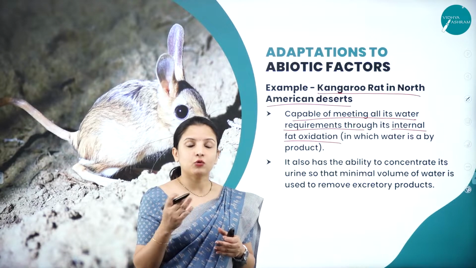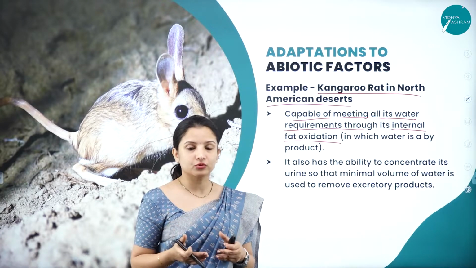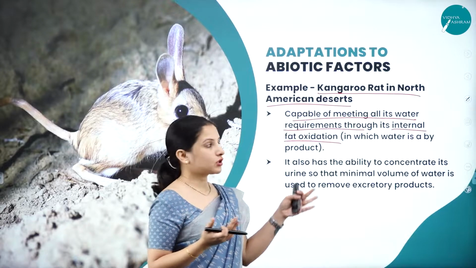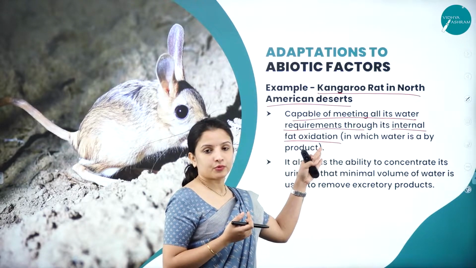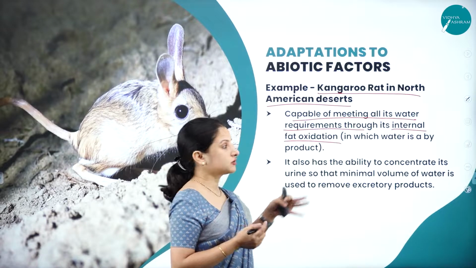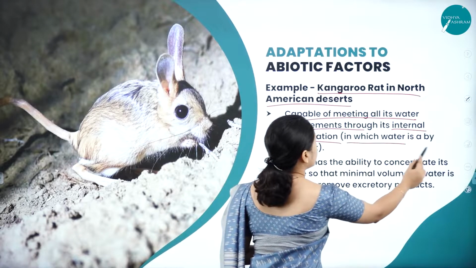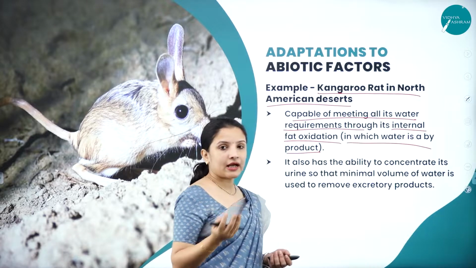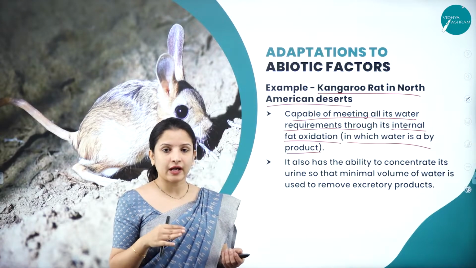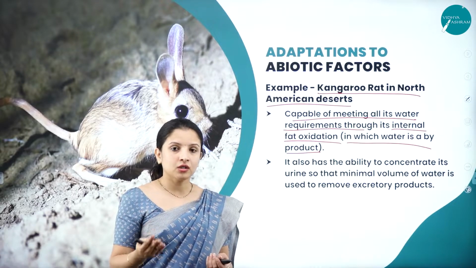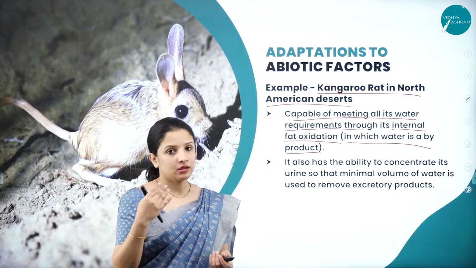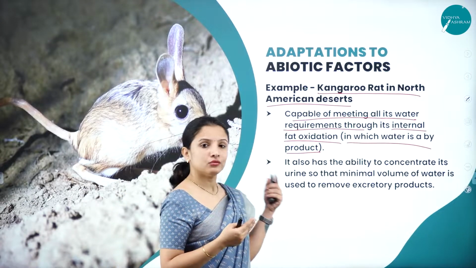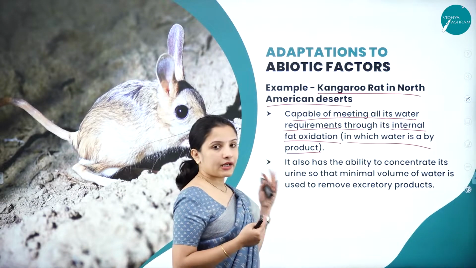The end product or byproduct that is obtained is water. That oxidation process of the fat, which forms water, gives water to the kangaroo rat. So that is how they adapt themselves.